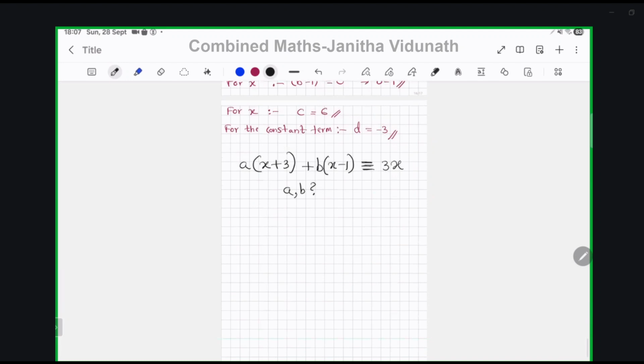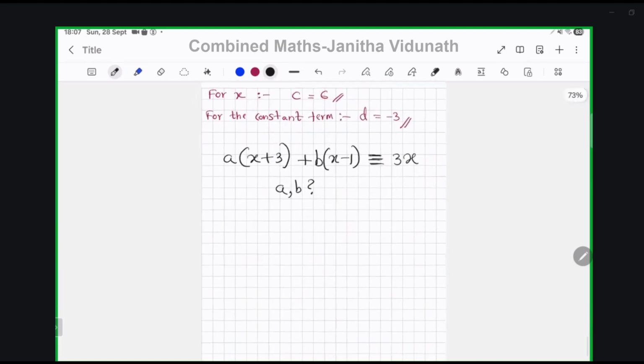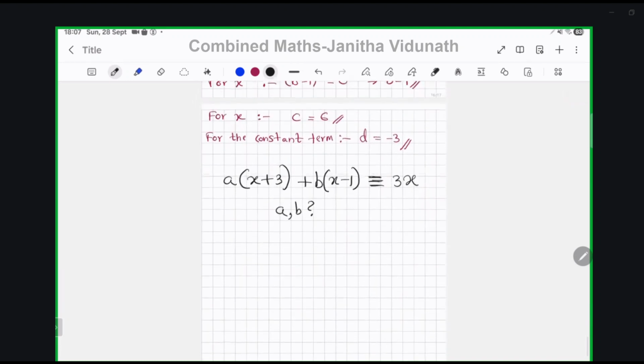Okay, now I will explain the question. Here we need to find the values of a and b. On the right hand side we have 3x. On the left hand side we have a times (x plus 3) plus b times (x minus 1). Now we have ax plus 3a plus bx minus b, identical to 3x.